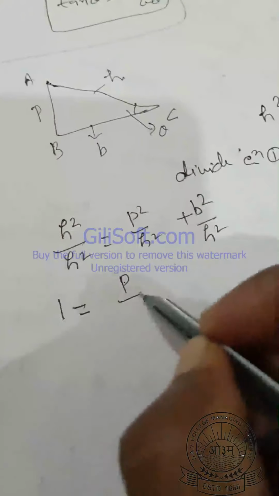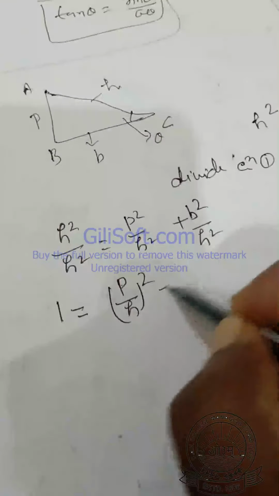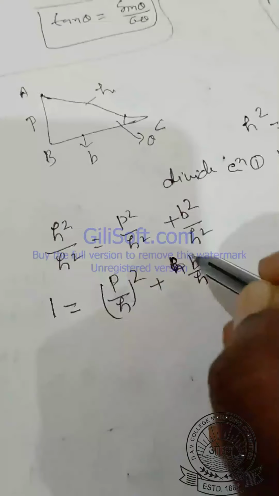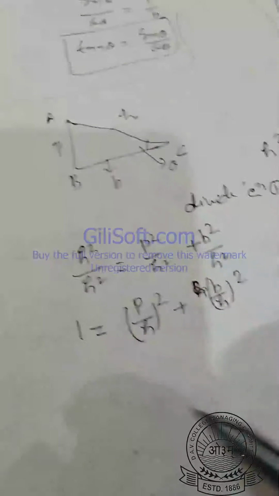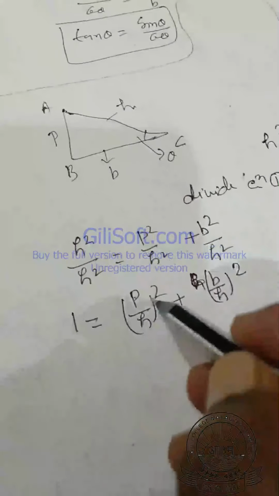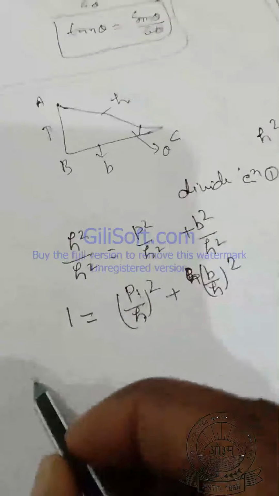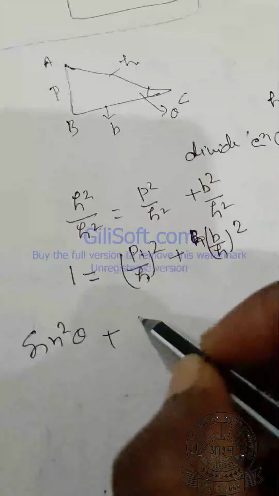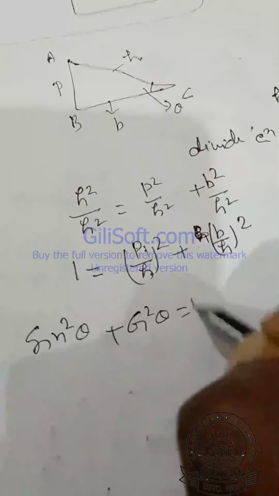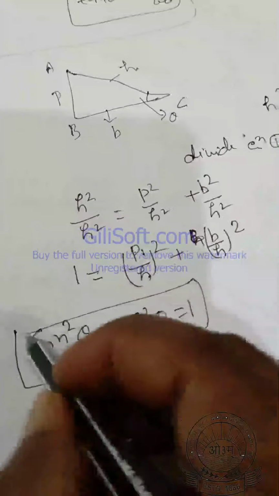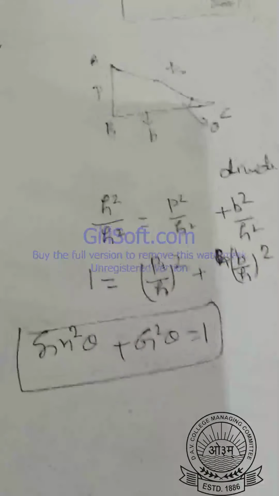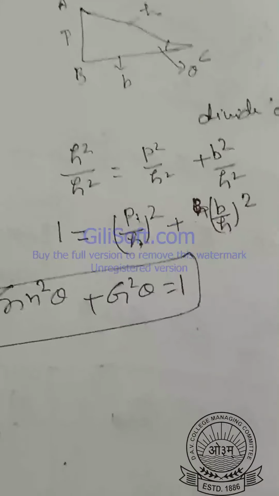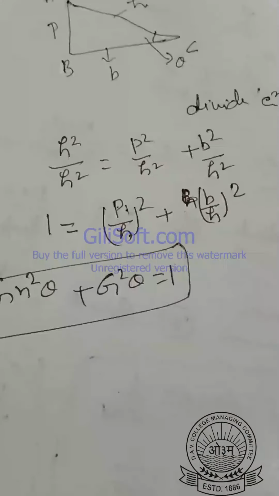We can write here p by h whole square and b by h whole square. Then we get, look here, p by h, perpendicular by hypotenuse, this is sin square theta, and base by hypotenuse, this is cos square theta. This is equal to 1. One more thing, sin square theta plus cos square theta is equal to 1. This is our first identity.